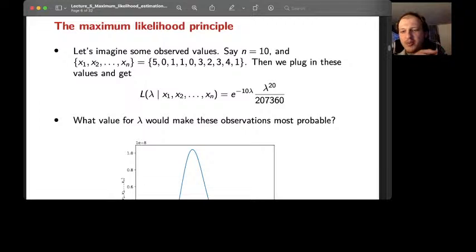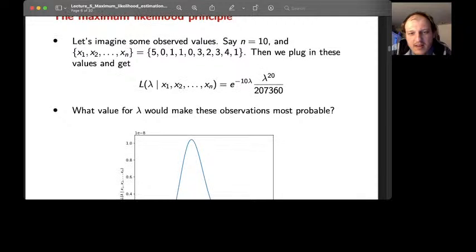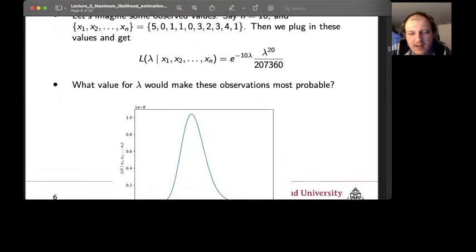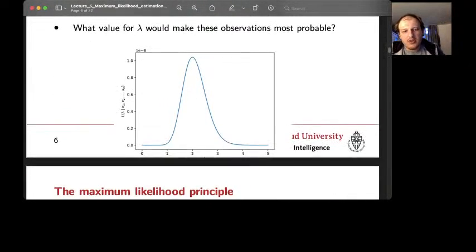How you get from data points to the likelihood of a parameter. Is it clear, or do you have some questions on that?